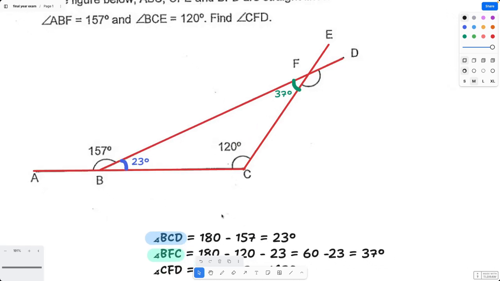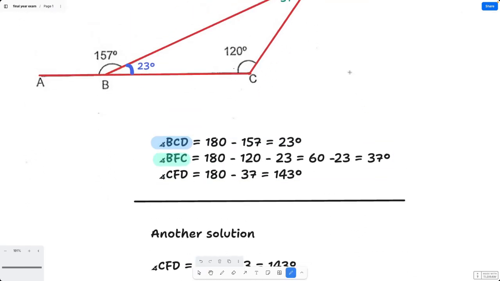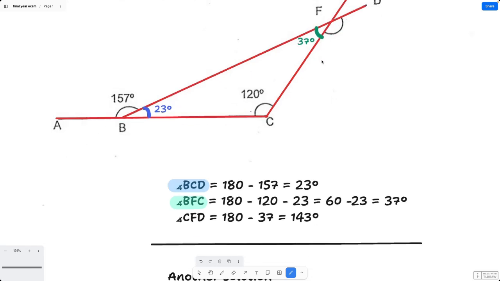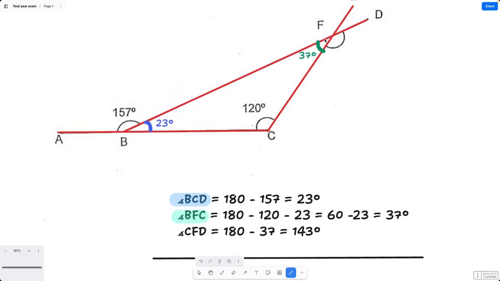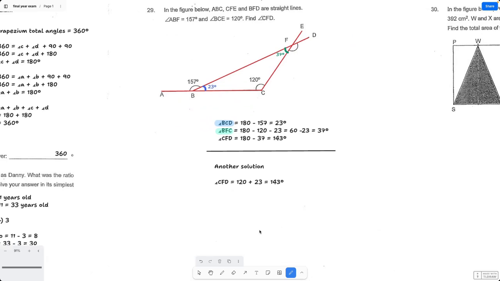Why? Because these two angles, 120 and 23, are equal to this angle. Whenever it's a straight line, you have two angles, and you can get 143 degrees in this case. So two opposite angles equal the corresponding angle. This one's a bit more advanced, but that's another solution.